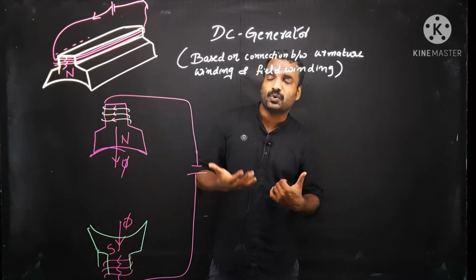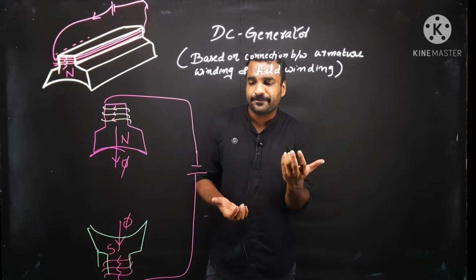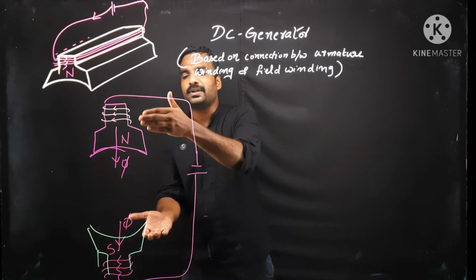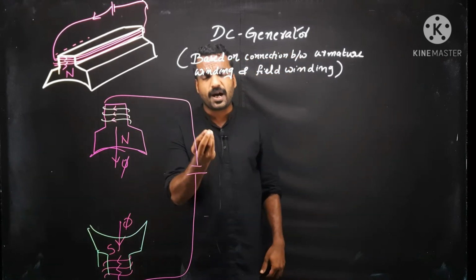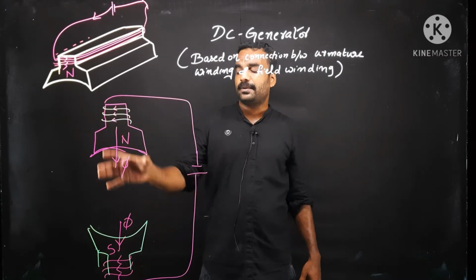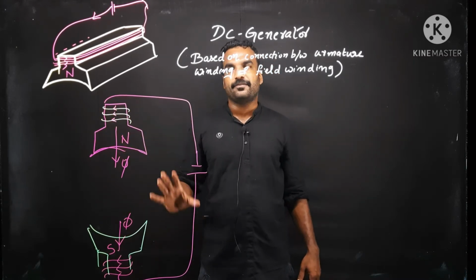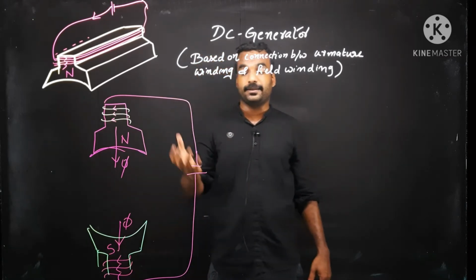We have to give our output DC as an input to the field winding. The entire output is not needed. A small portion of the output current is fed back to the poles. Then we don't need an extra DC battery from outside.